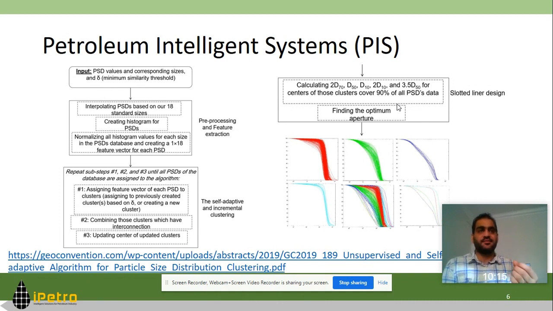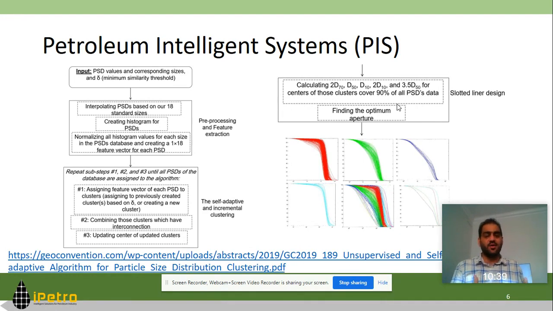In the data that we obtain from the subsurface, we don't have any idea how many clusters we have in our database. So we have to develop a clustering algorithm that doesn't need the number of clusters as an input, unlike KNN and, for example, k-means.